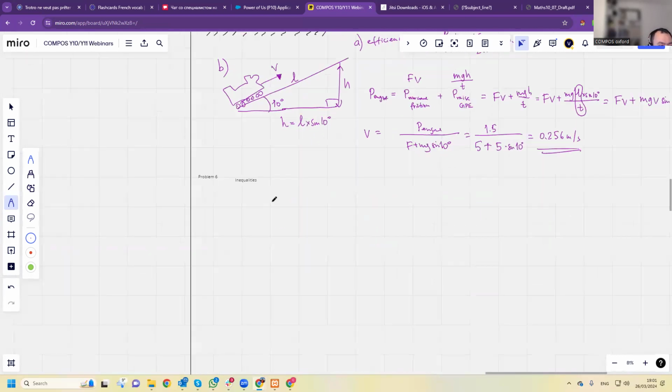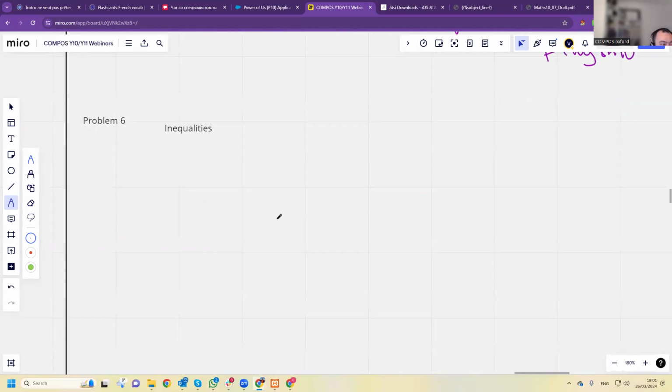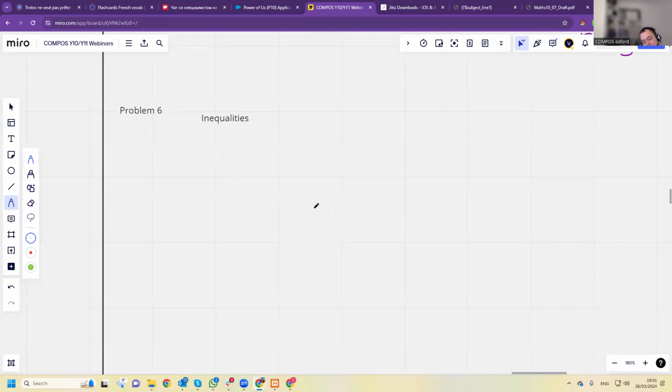Now, inequalities. Let's talk about inequalities a little bit. Inequalities is something that is kind of forgotten in the school syllabus, and it's a great pity that it is, because you only study very little inequalities in the course, and even at A level, it's very limited.